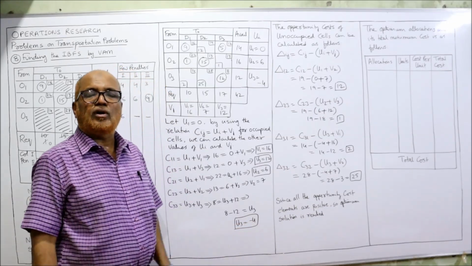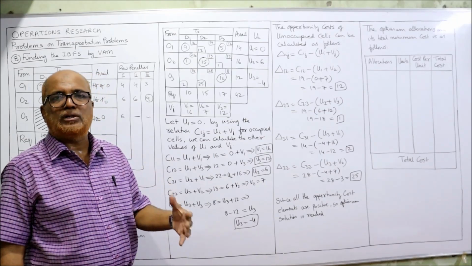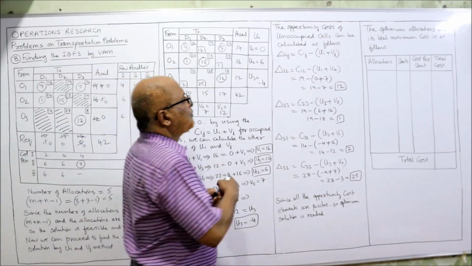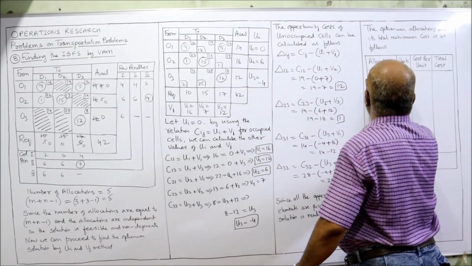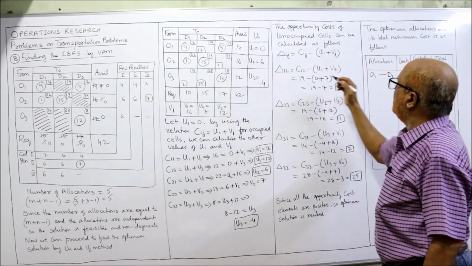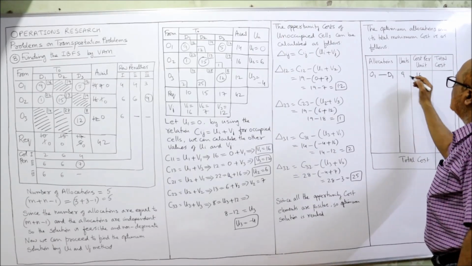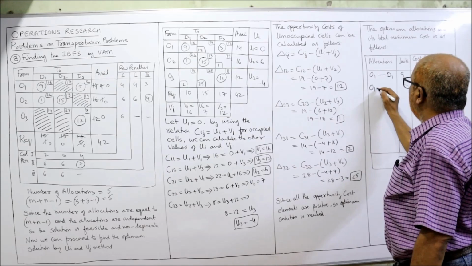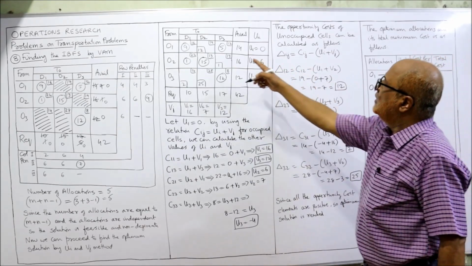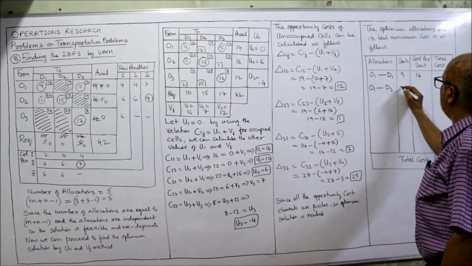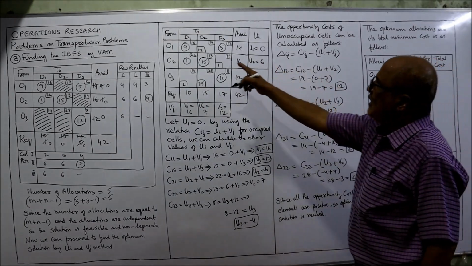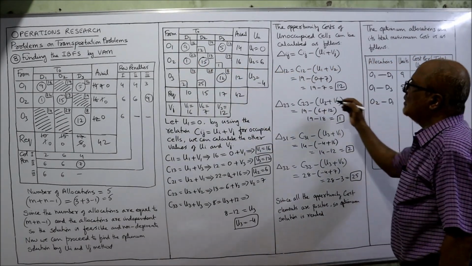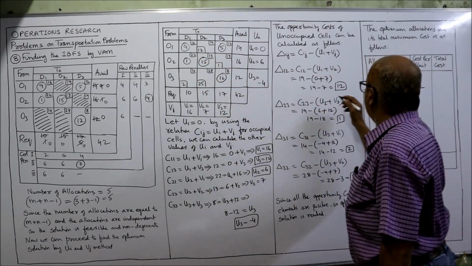Now we'll find out what is the allocation and what is the total minimum cost. First allocation is O1 to D1: 9 units, 16 rupees. Then O1 to D3: 5 units, 12 rupees. Then O2 to D1: 1 unit, 22 rupees.